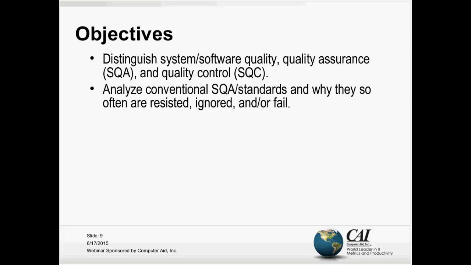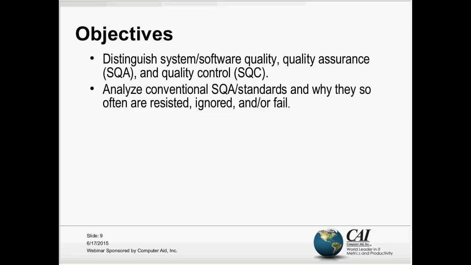I want to make you somewhat aware of conventional perspectives on software quality assurance, especially as articulated in some prominent standards. And then, if it's not abundantly clear, elaborate a little bit on why the traditional or conventional approaches to software quality assurance are so often resisted, so often ignored, and so often fail.